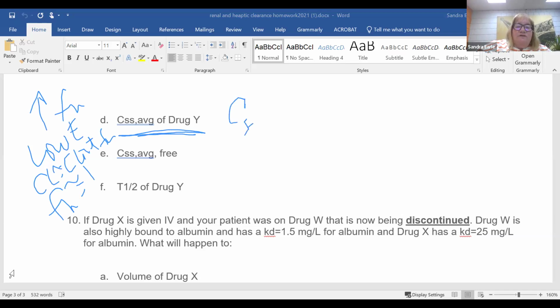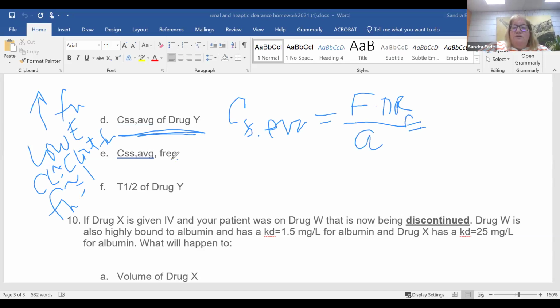Well, CSS average is equal to bioavailability times dose rate all over clearance, which in this case we have to think about the fact that it's a low E drug.